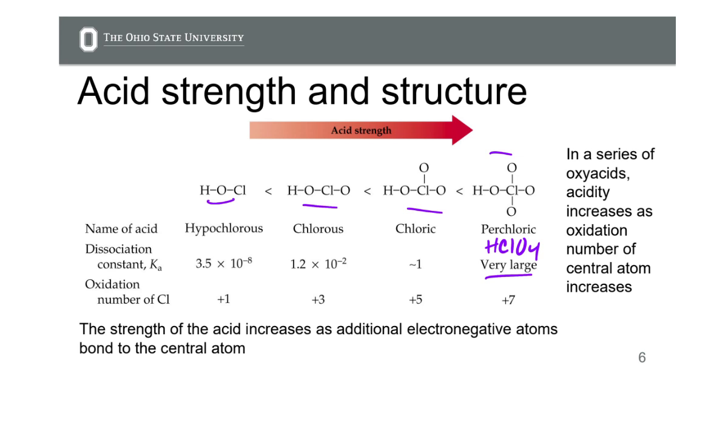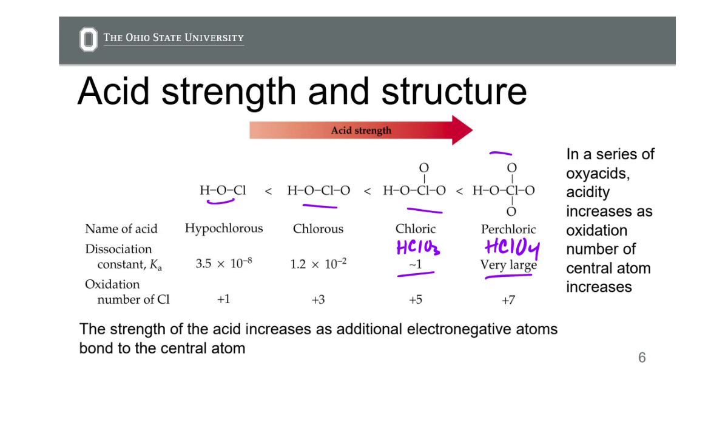I had asked one time, maybe last lecture, about HClO3, if we listed that as a strong acid in this textbook, because the Ka there is also very large. In any case, the acid strength increases as we increase the number of oxygen atoms around that central atom, around the chlorine in this case.